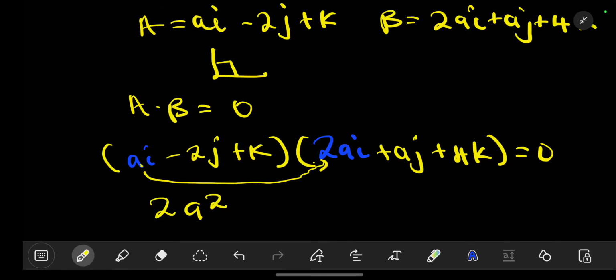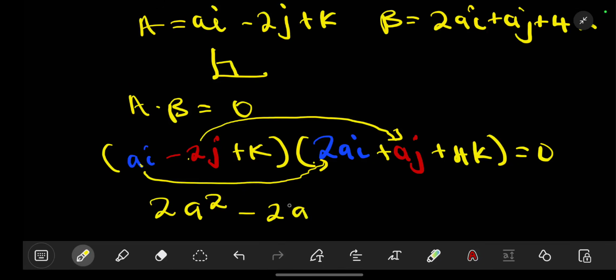Likewise, the one with j multiplies with the one with j: negative 2 times a is negative 2a. Then j times j is just 1. Last but not least, the one with k multiplies with the one with k, 1 times 4 is equal to 4. Then this should be equal to 0.